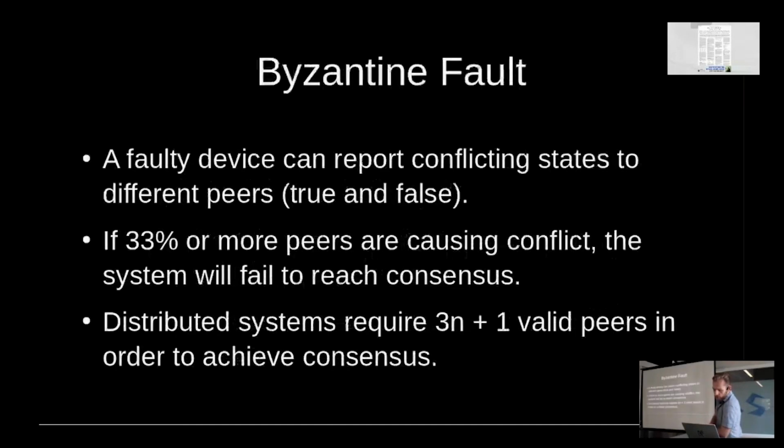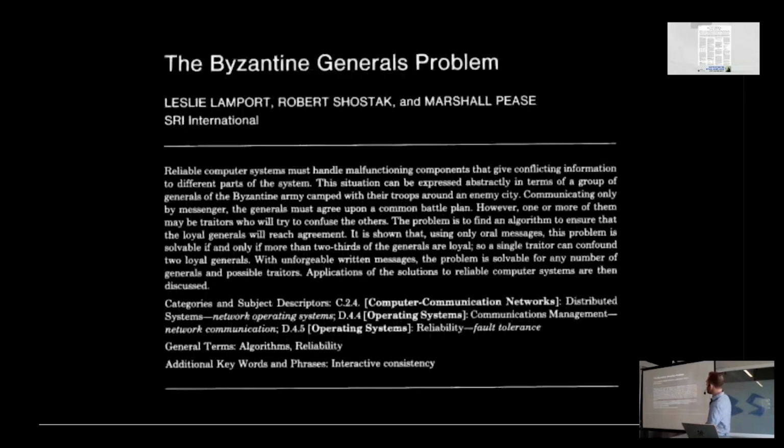And so this was formulated as the 3n plus 1 problem. For n number of traitors in your army, you need 3 times n plus 1. So essentially 33%. So if 33% or more of your generals are traitors, you cannot achieve consensus. And this paper actually goes into mathematical proofs that essentially say this is true and that there's no solution to this problem.